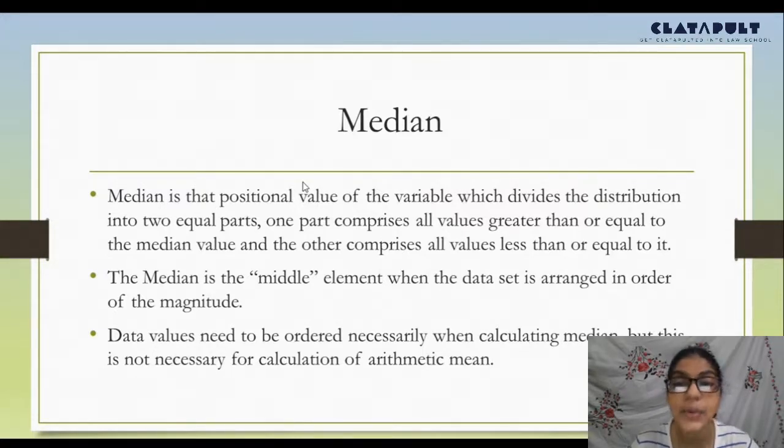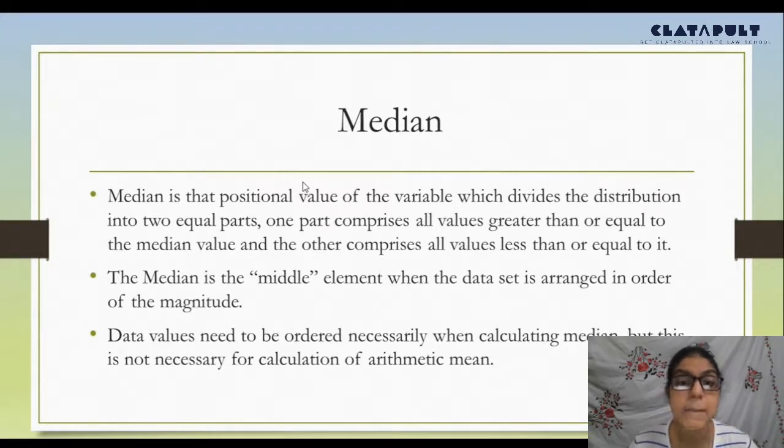Median is that positional value in a data set which divides the entire set into two halves essentially, with the left half having all of the values that are less than the median and the right half having all of the values that are more than the median. So the median essentially cuts the whole thing in half. It acts as a central point, a median point for the entire data set.